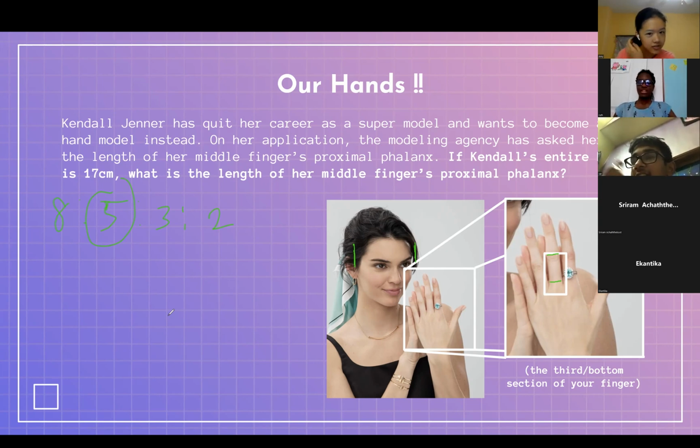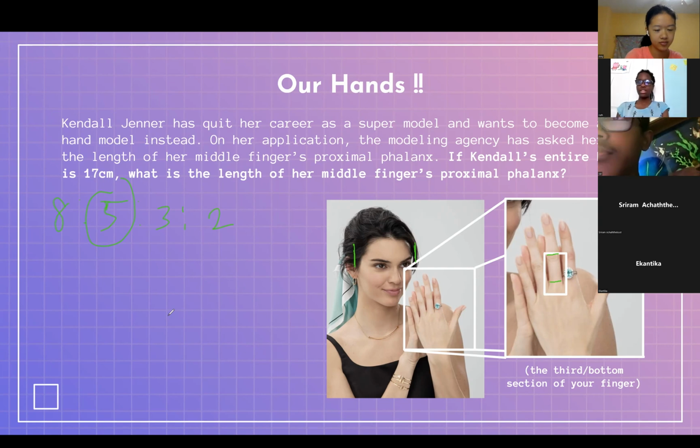Yes, you guys are getting the right answer. Basically, since it's a ratio of 8 to 5 to 3 to 2, 8x plus 5x plus 3x plus 2x equals 17, which is the length of her entire hand. After combining like terms, you'll get 18x equals 17.